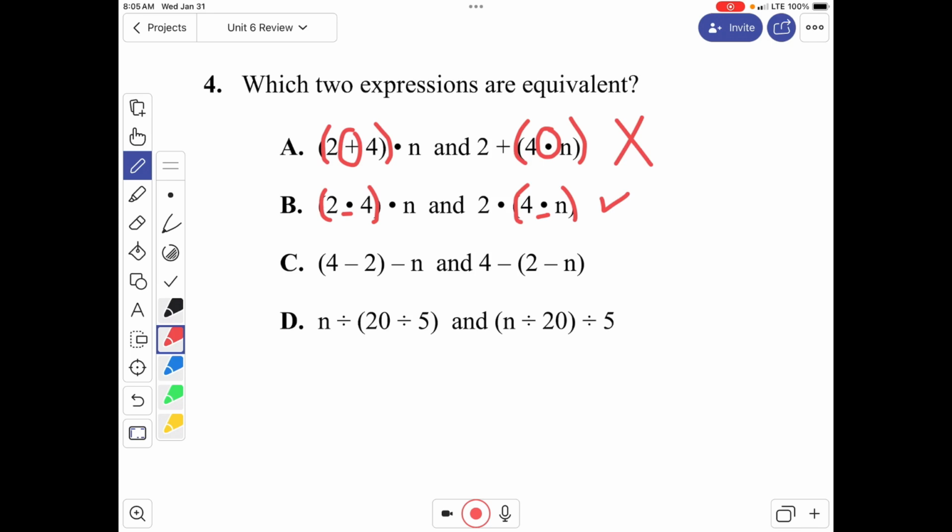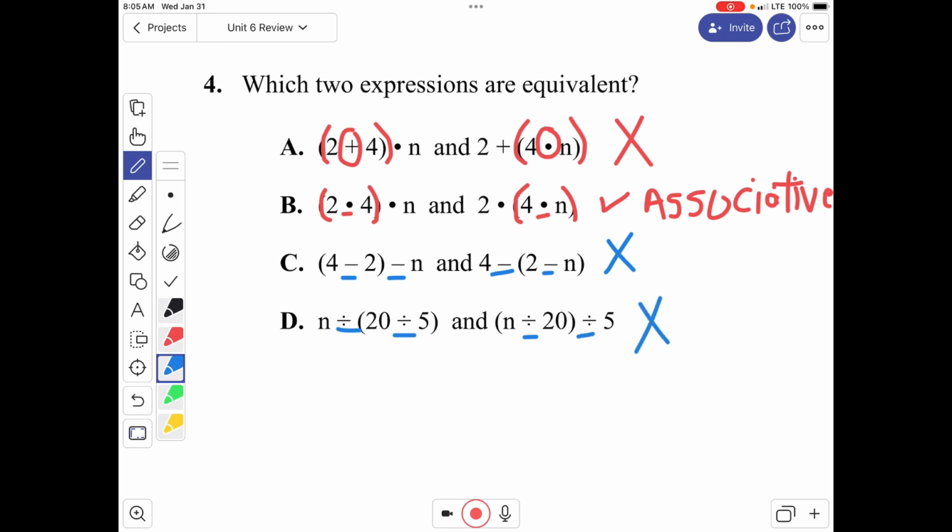So that is true because that's the associative property. The next one has subtraction. They're regrouping subtraction. You cannot regroup subtraction. You also cannot regroup division. So no mixing the signs and no subtraction, no division.